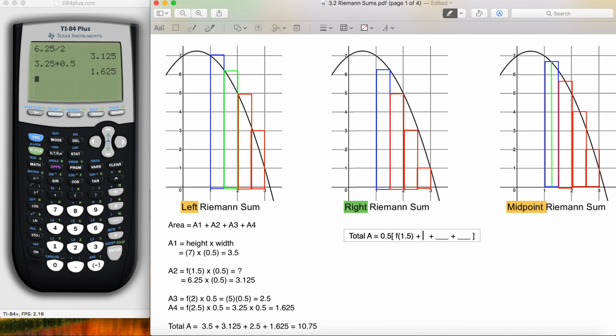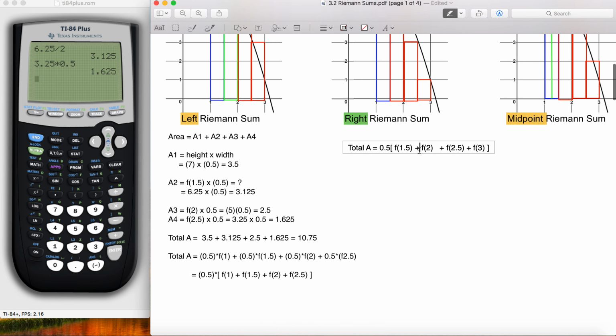The next rectangle, the second rectangle, the x value is 2. f of 2. And the next one is f of 2.5. And finally, the last one is f of 3. Okay?